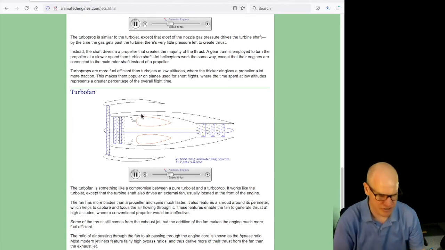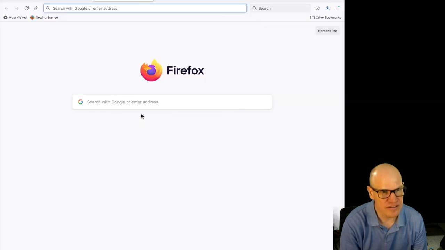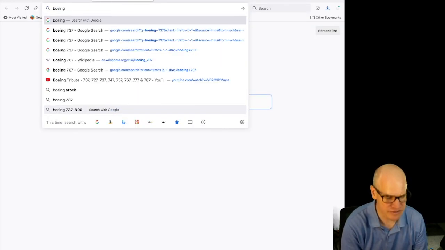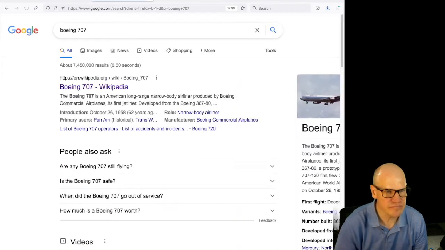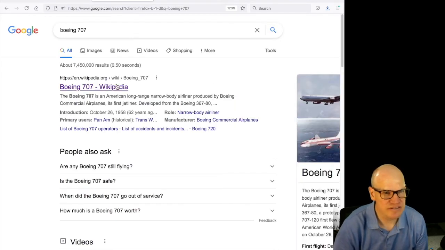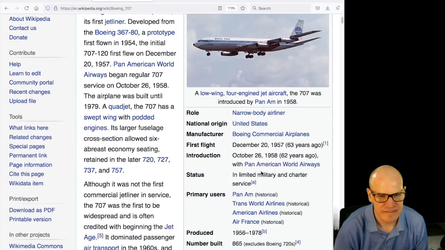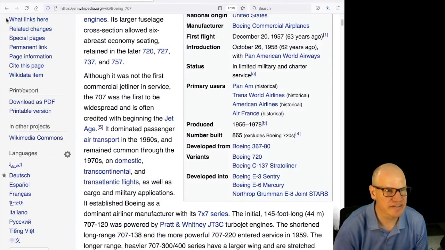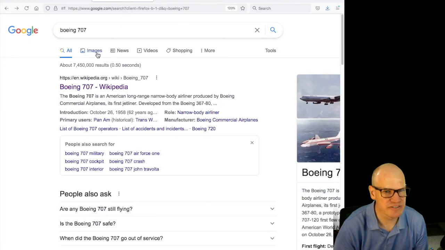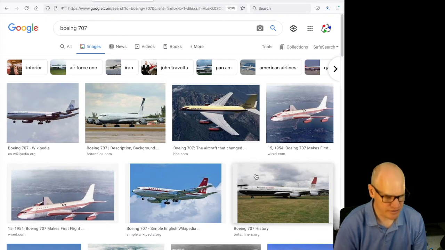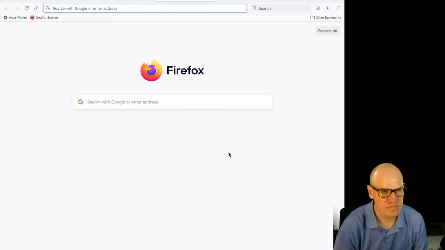If you look at jet engines on the Boeing 707, you can see how small the engines are. Let me go back and get an image by itself. Compare the size of these engines to what you get with a more modern engine.